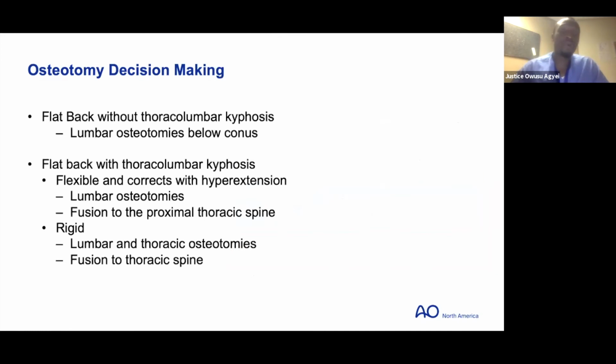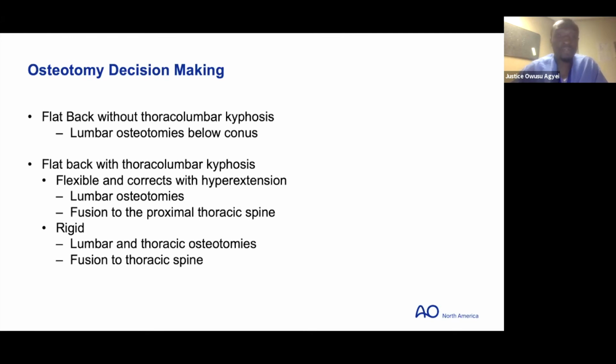So another important step when it comes to taking care of these patients is determining when and where to perform osteotomy. When it comes to iatrogenic flat back, two things we have to pay attention to are the degree of thoracolumbar alignment, whether the patient has thoracolumbar kyphosis or accentuated thoracolumbar kyphosis or not, and whether they have a flexible or rigid deformity.